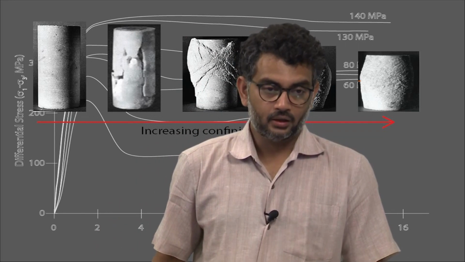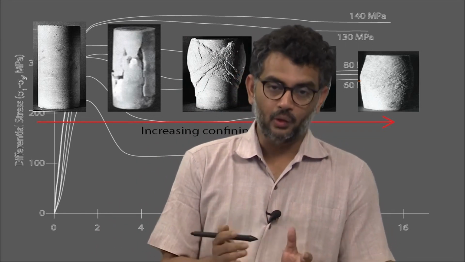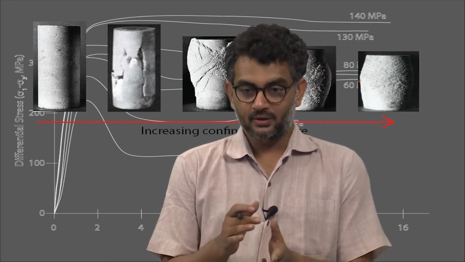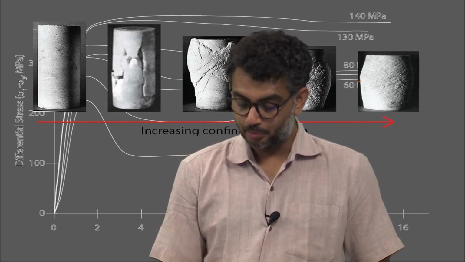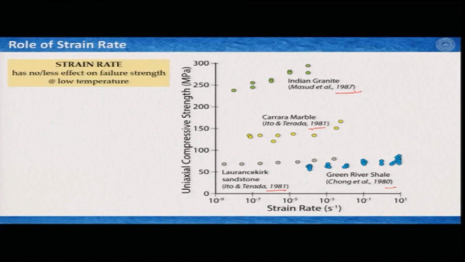But at room temperature or at low temperature, people have also run experiments. Again, these are pretty old experiments, but here we see that with increasing strain rate, the strength of the rocks is not increasing the way we saw with the Yule marble.